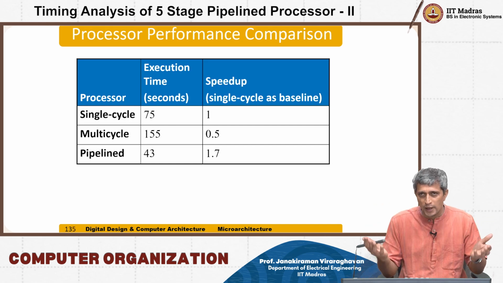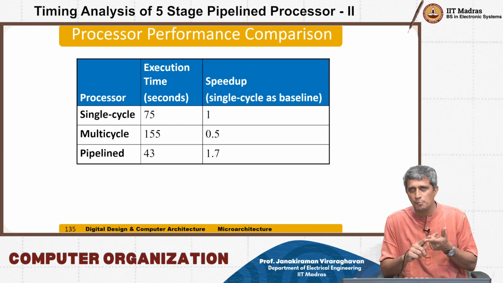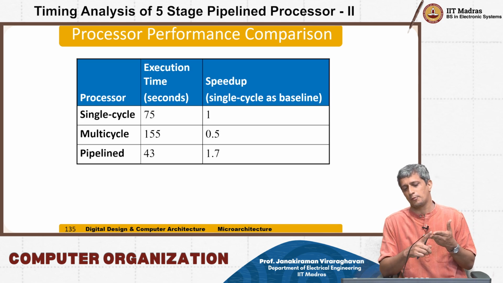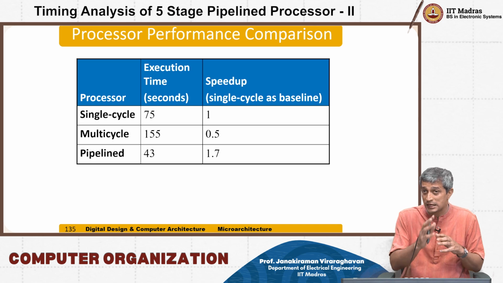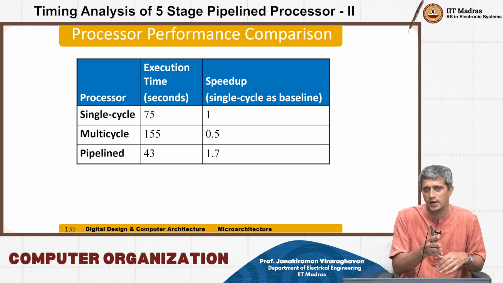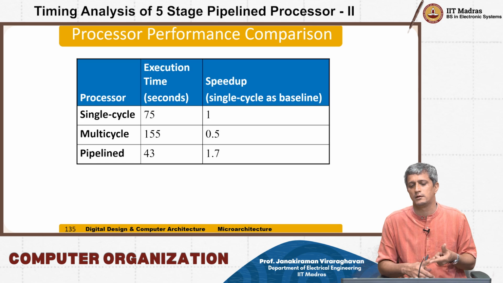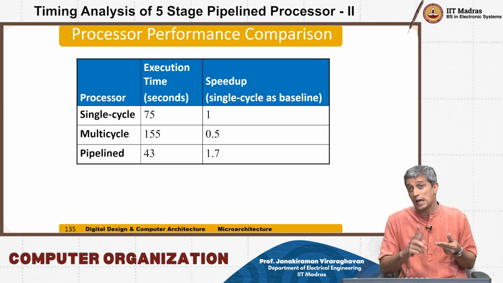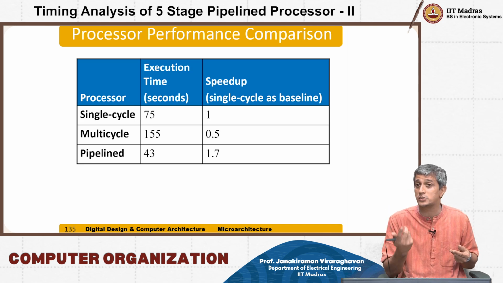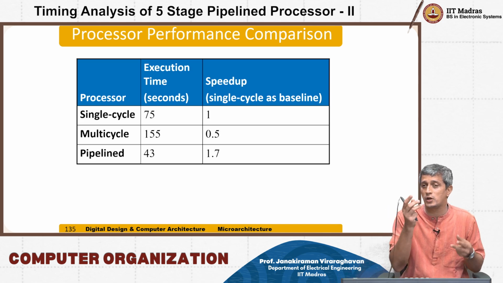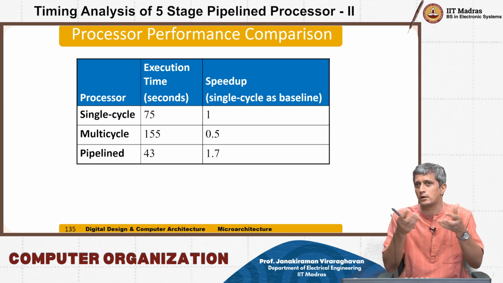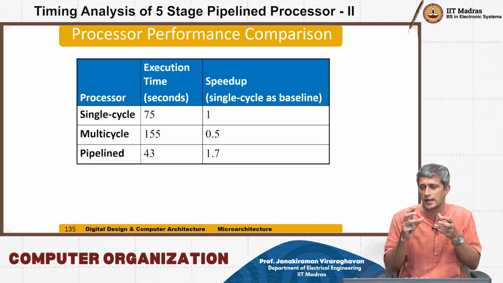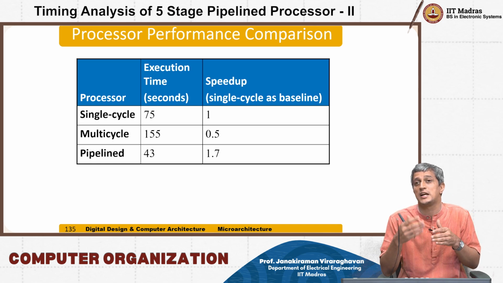So comparing the performance of the same benchmark on 3 different processors, single cycle, multi-cycle, and pipeline processor, for that distribution of instructions, the single cycle gave us a program execution time of 75 seconds, while multi-cycle went up to 155 seconds. Why? Because 52% were R type, and the cycles per instruction therefore on average went up significantly.